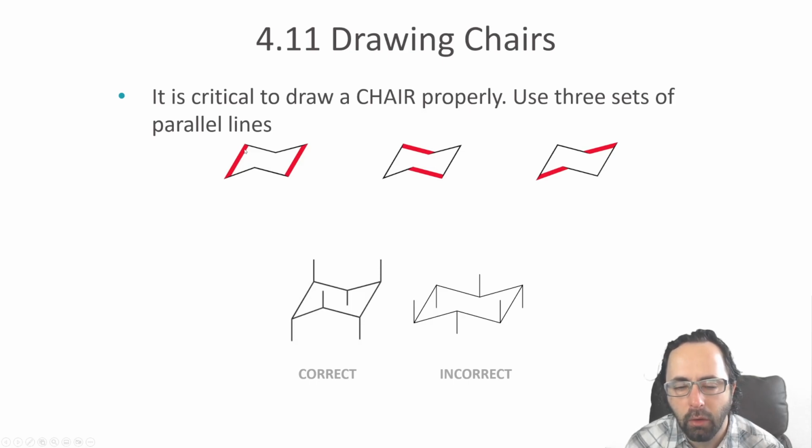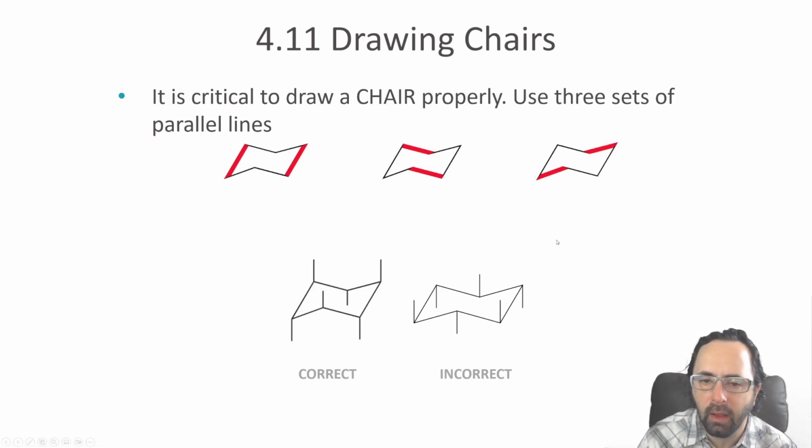This is done by drawing two parallel lines, as so. With on one end we have a slightly lower end, on the other end we have a slightly higher end. Then you draw two parallel lines here that slightly cross over in the middle but are parallel, and then we draw two parallel lines to complete the cyclohexane ring.